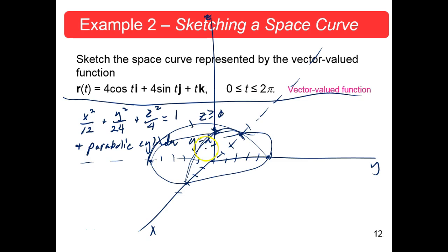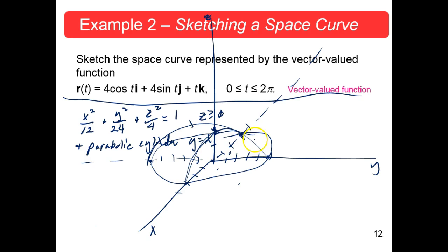Y is equal to x squared is going to open across the y, so that's going to be at 1, 1, at minus 1, 1, and then 2, 4, and minus 2, 4.